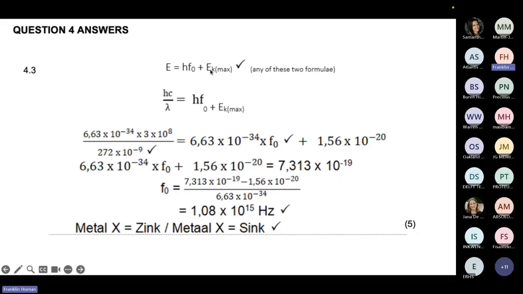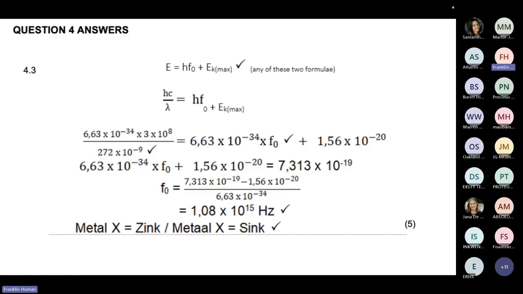That's how we start. Now we can expand it. The energy of the photon is equal to Planck's constant h multiplied by the threshold frequency, because h multiplied by the threshold frequency is the work function, plus Ek max.